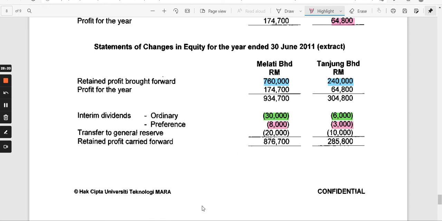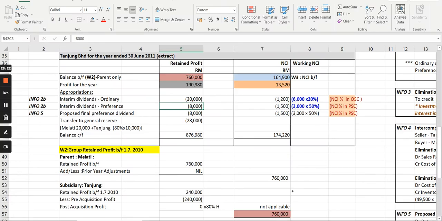General reserve, we'll be doing it later. So therefore, 8,000, just include there, because this is the one of the parent company. The one declared by the subsidiary will be included here, but the non-controlling interest is 1,005 because of the 50% from 3,000.